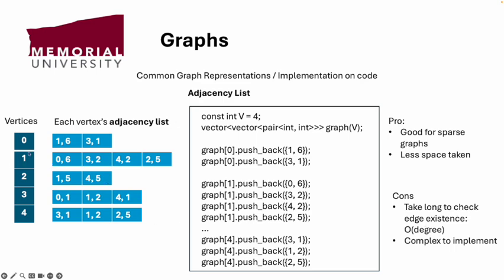For example, we want to connect between B to D, right? We have to find the B from here and run inside the list. The complexity can turn to what? Big O of degree. Big O of degree.